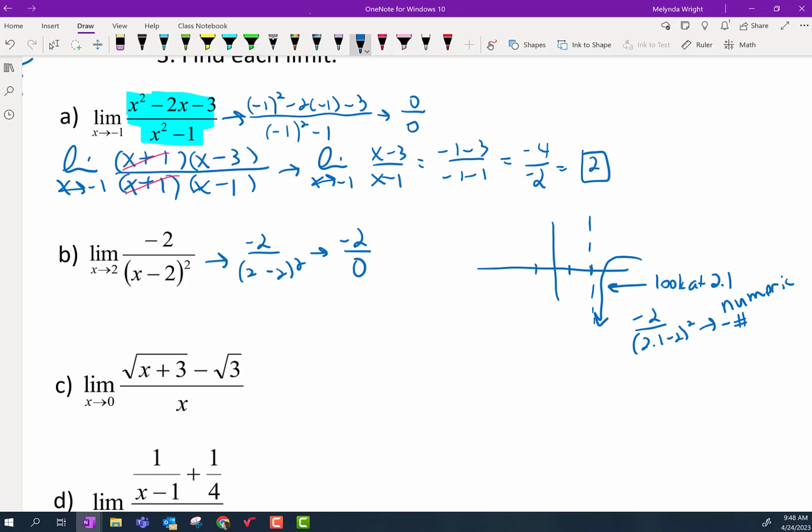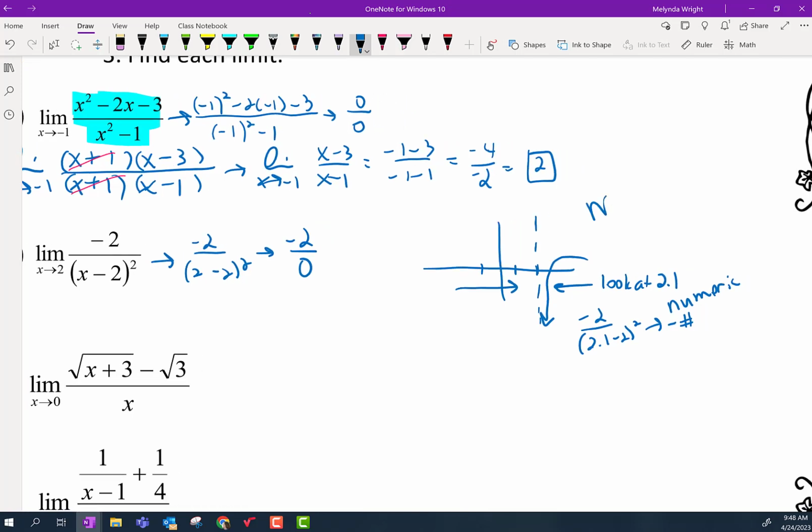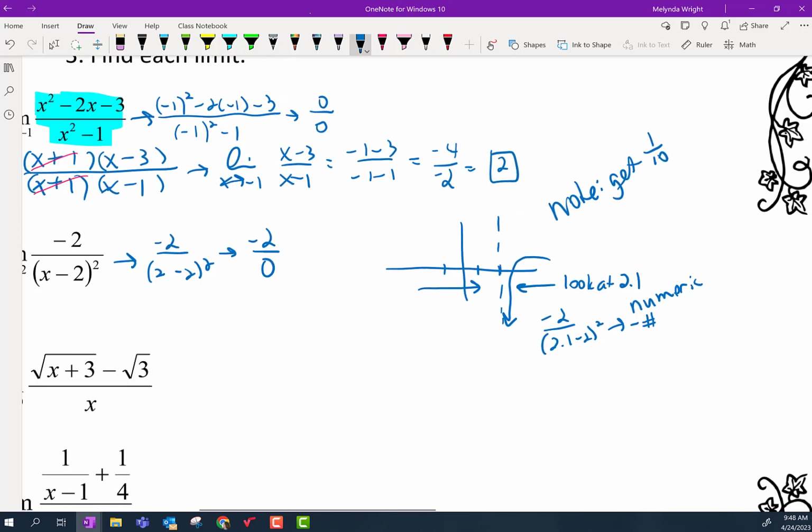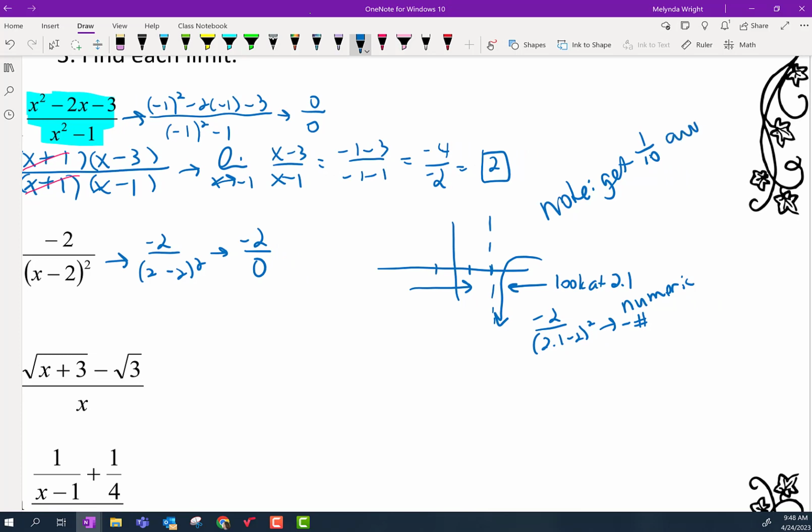Okay, so now we're going to come from the left, and let's just make ourselves a note. Get 1/10 away from A on either side.